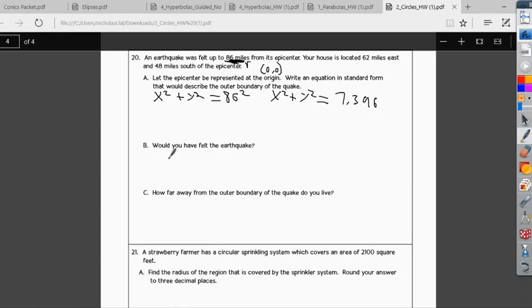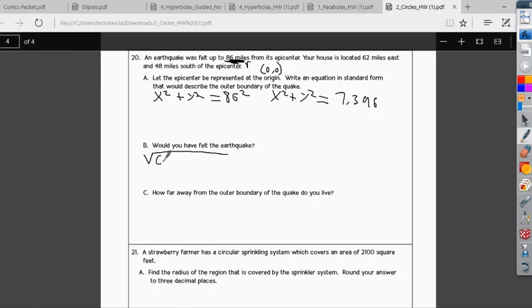Would we have felt the earthquake? So the question is, is the point 62, negative 48 within that boundary? So we need to figure out if this is within 86 miles of the epicenter. So what we can do is find the distance. It'd be 62 miles east.